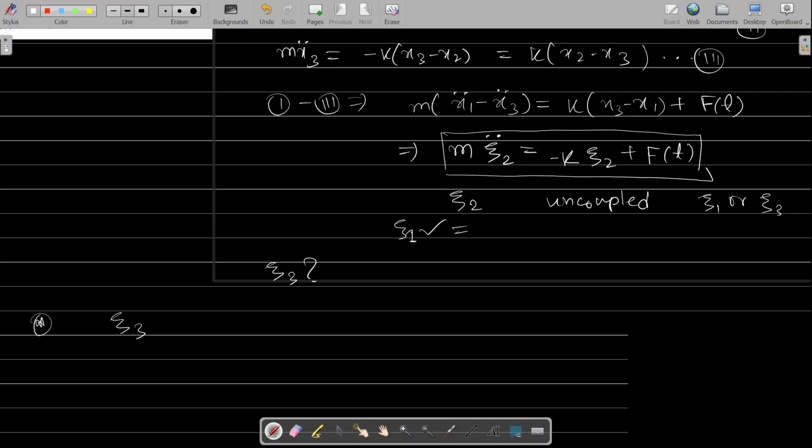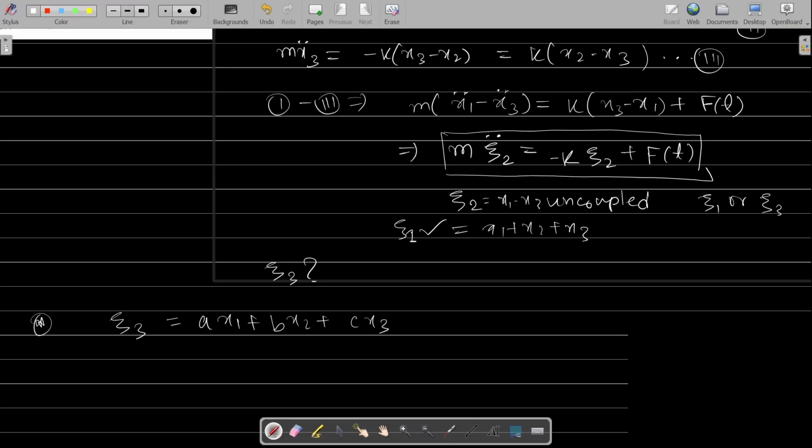For psi1, we know that it is x1 plus x2 plus x3. For psi2, that is x1 minus x3. But for psi3 we take general coefficients a, b, and c. We need to find out what a, b, and c are.